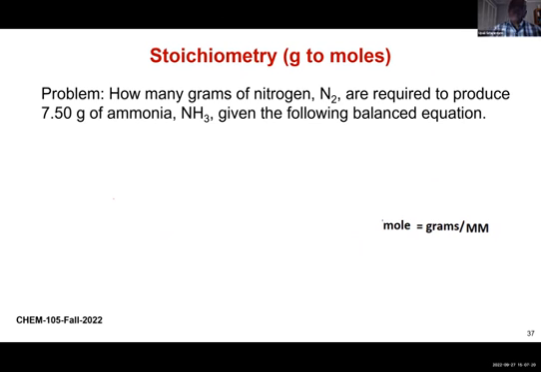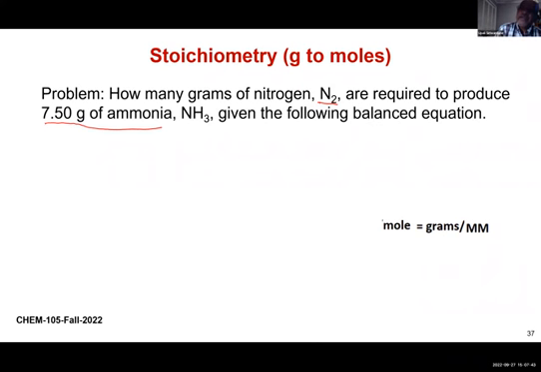Let's go through an example. How many grams of nitrogen are required to produce 75 grams of ammonia?